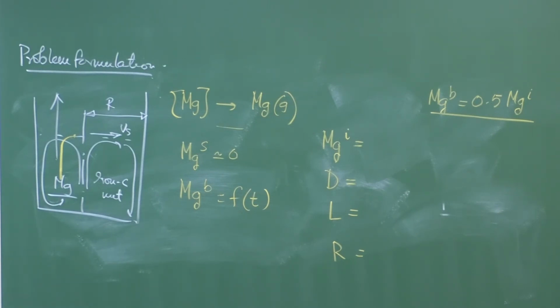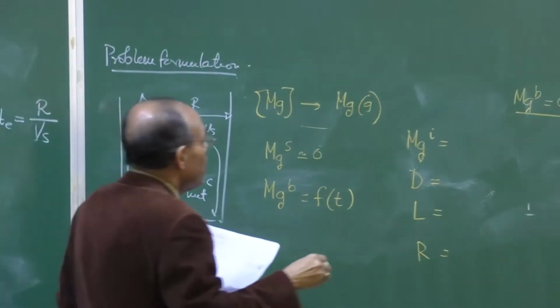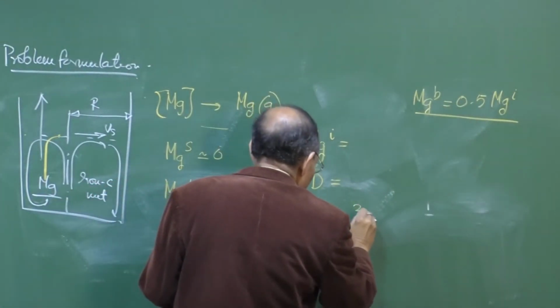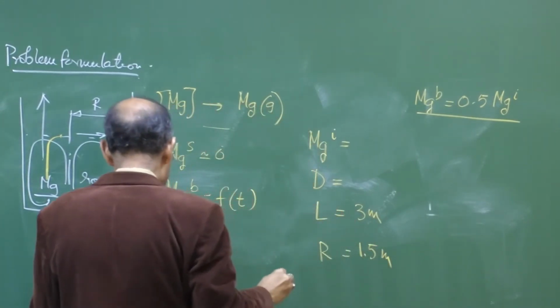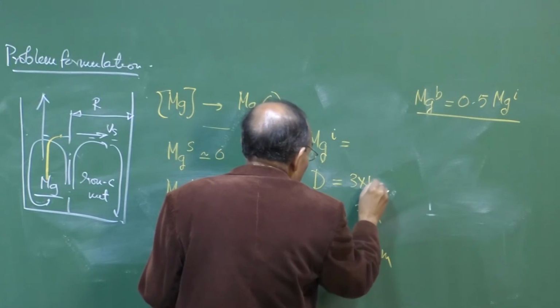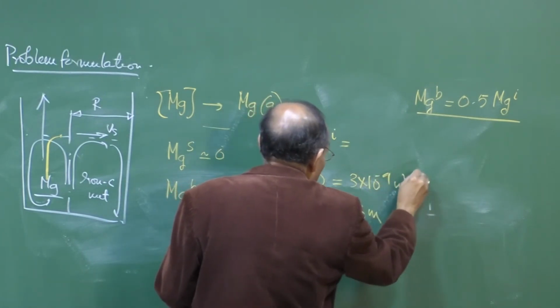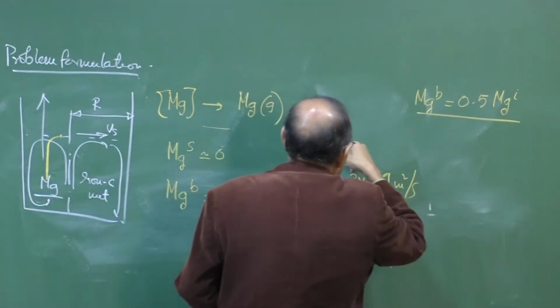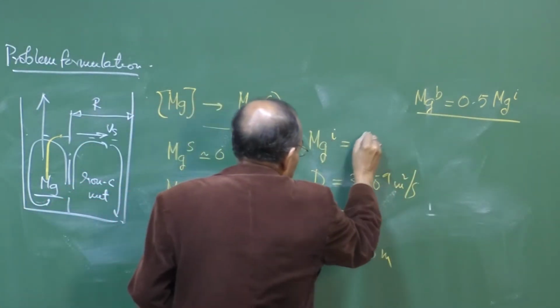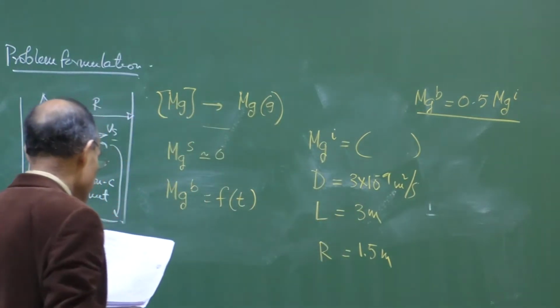So, what are the values that we want to give you? L is equal to 3 meter, R is equal to 1.5 meter, and the diffusion coefficient is equal to 3 into 10 to the power minus 9 meter square per second. Because we want to have a ratio, this is actually not needed, as I will show later on.